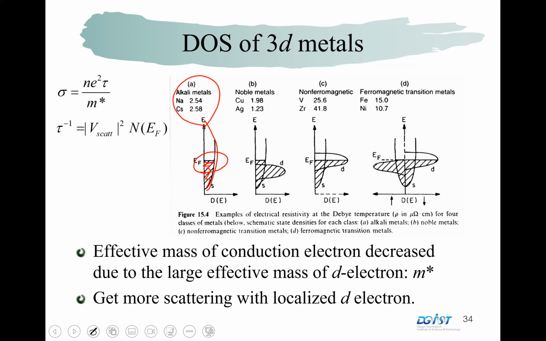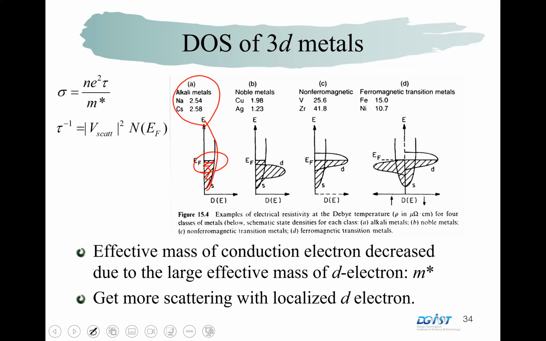And the normal metals have a D band, but the D band is deep inside the Fermi level. They do not contribute to the conductivity. So this is the resistivity. Small resistivity means large conductivity.